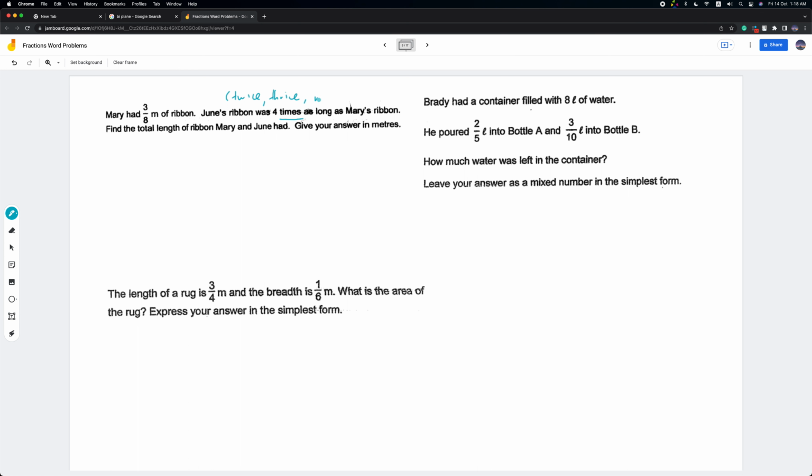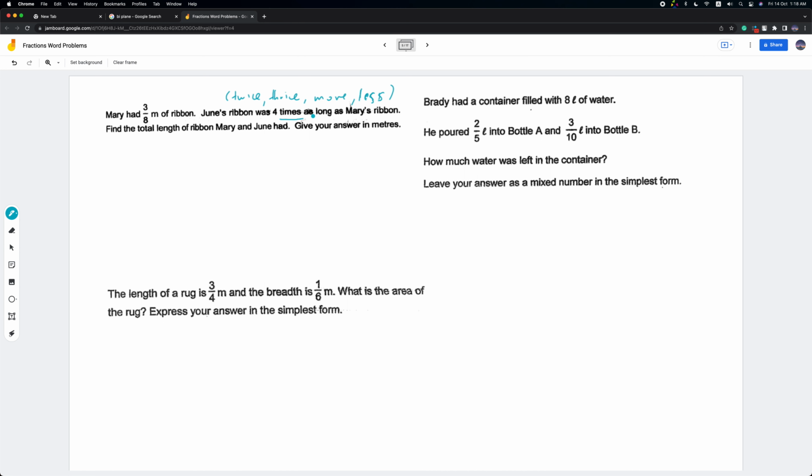Or you see the word more or less. These are all comparative words, which means you solve it with models. Please, if you see these words, please use models.